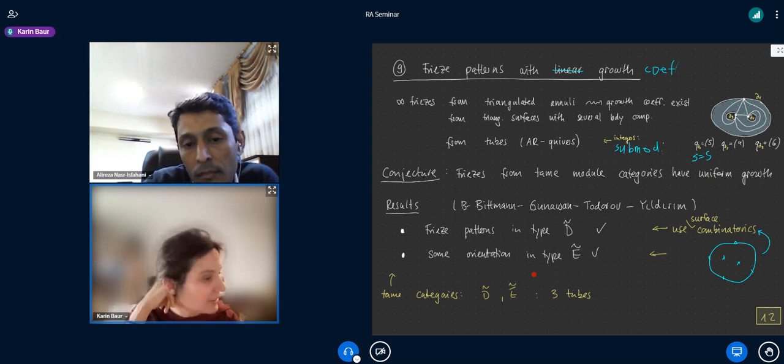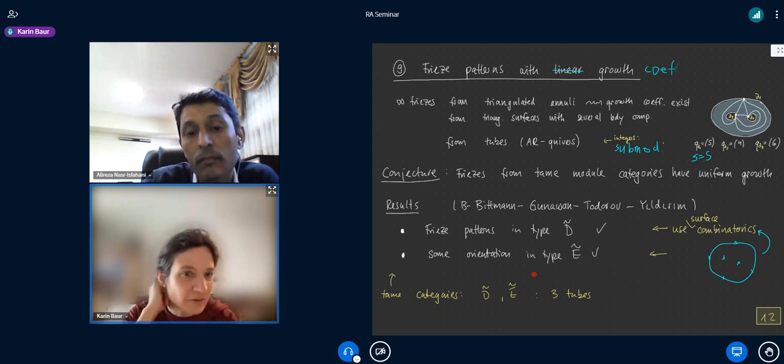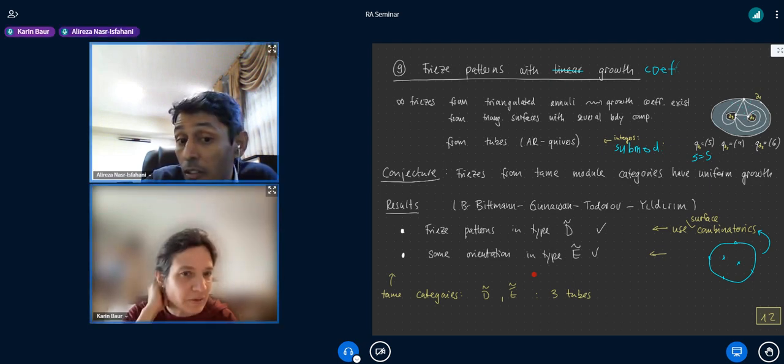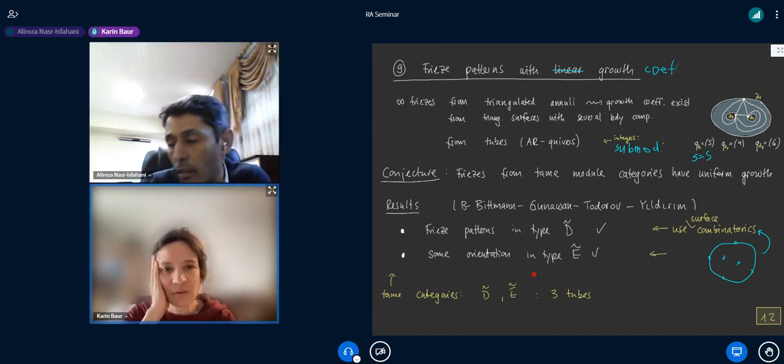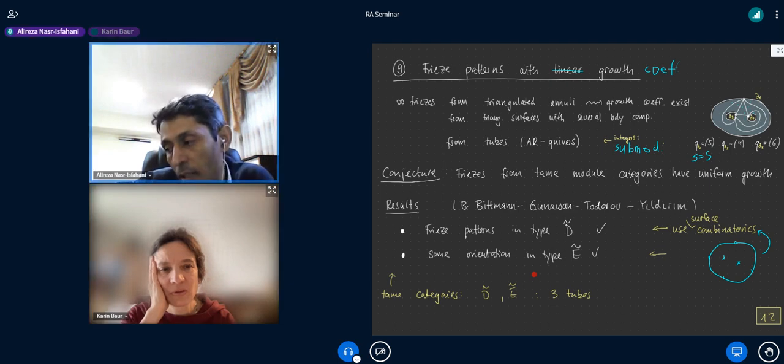But I don't know whether the SLk Friezes have been considered in that context. There is no SLk for this context, only SL2, for example for B or C. I think there's only the classical one at the moment. Yeah, thank you.